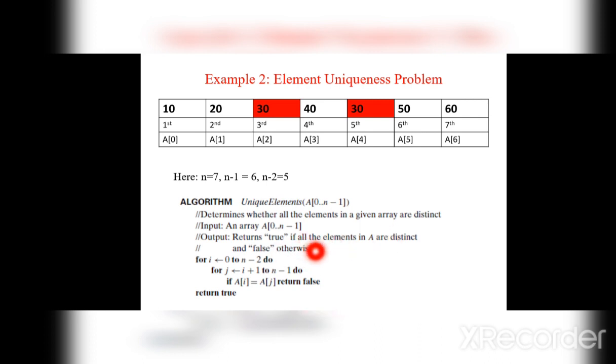So we are using two for loops. The condition is: if A[i] is equal to A[j], we return false, that is, the elements in the array are not distinct; else we return true. So this is the algorithm to find whether the elements in the given array are unique.